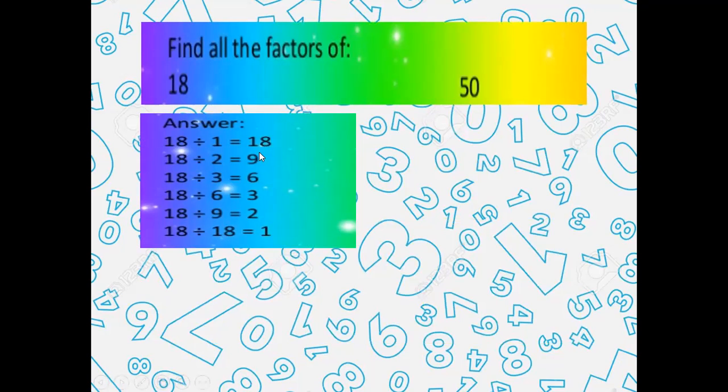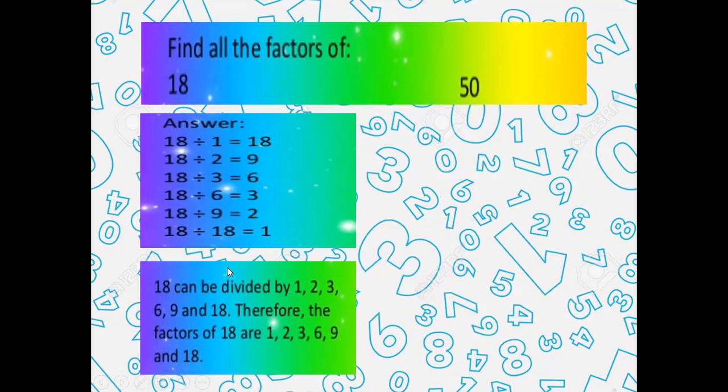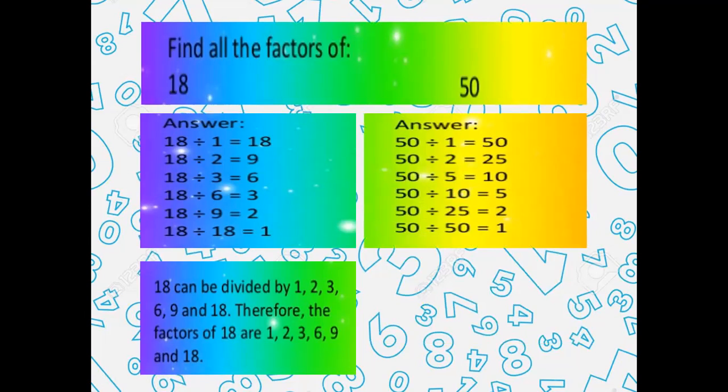So if you can see 1, 2, 3, 4, 5, 6, we have 6 factors or numbers that we can divide this given number by. So therefore, the factors of 18 are these numbers: 1, 2, 3, 6, 9, and 18. So we can have more than 1 or 2. We get actually 6.